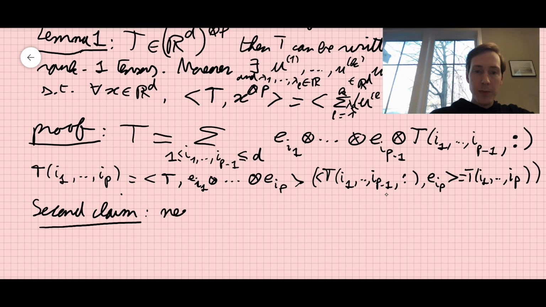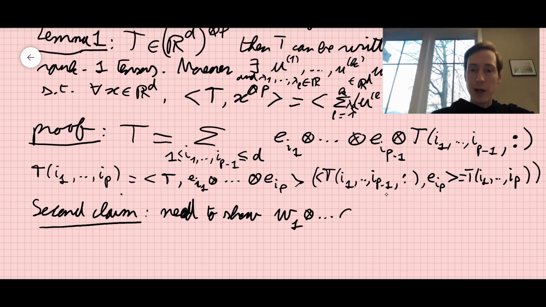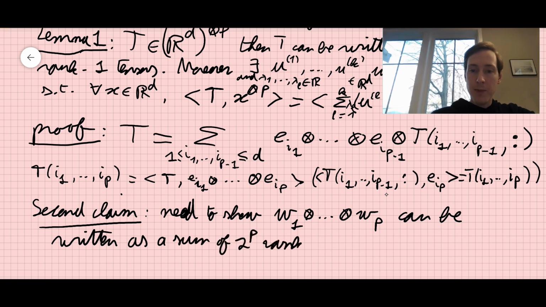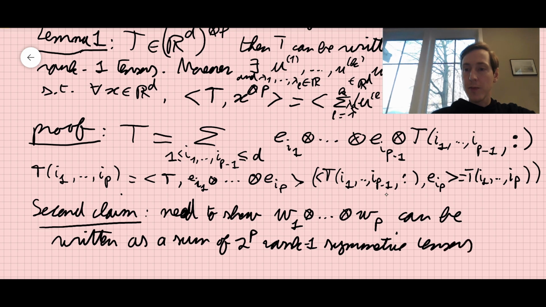Need to show that w1 times etc. times wp can be written as a sum of 2 to the p rank 1 symmetric tensors.